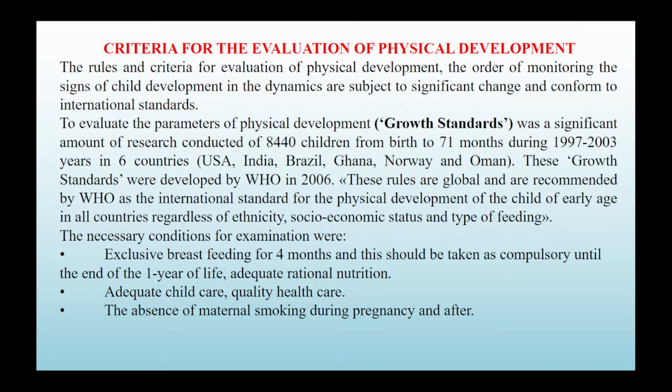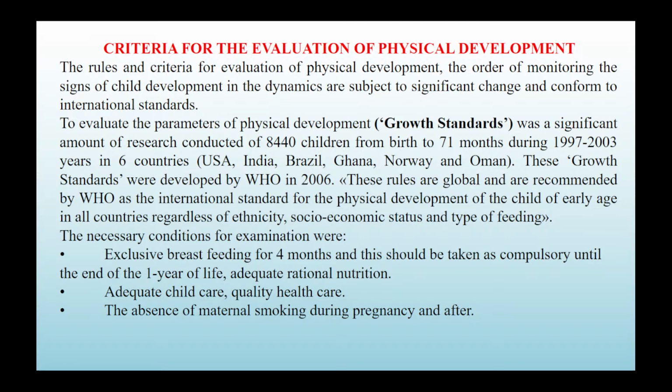Criteria for evaluation of physical development. The rules and criteria for evaluation of physical development, the order of monitoring the indicators of child development in dynamics, are subject to significant change and conform to international standards.